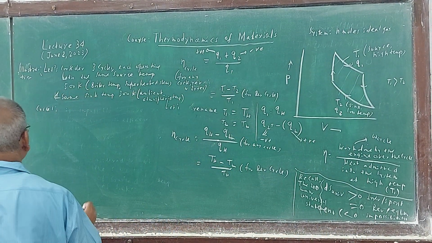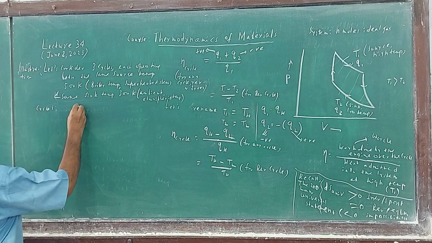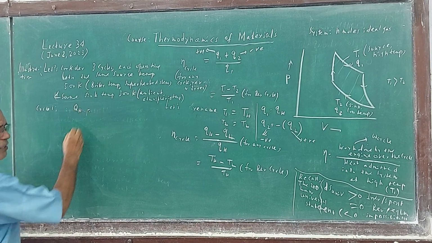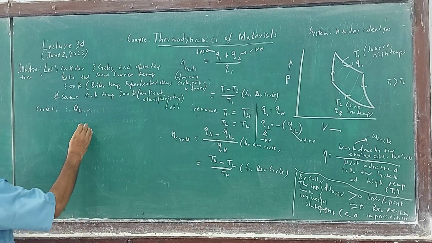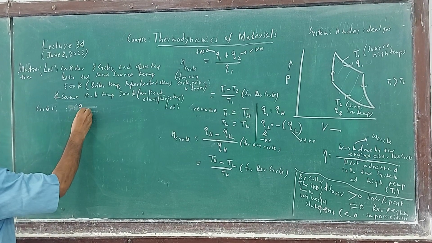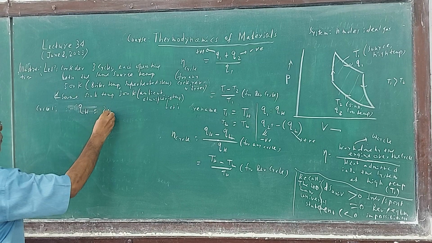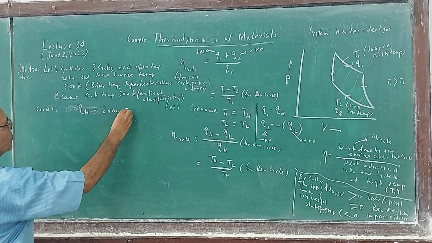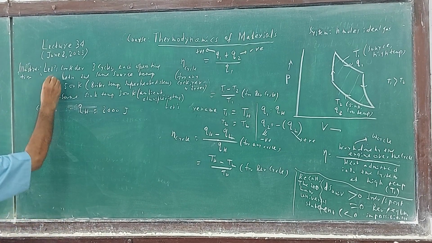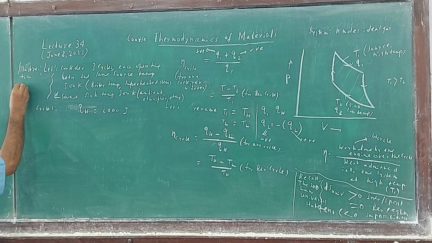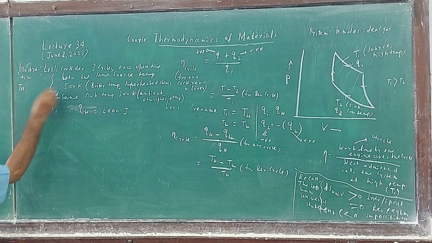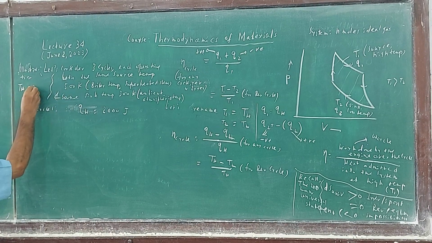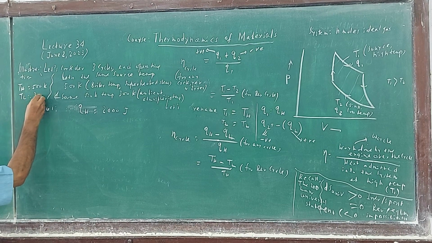For the sake of calculations, QH in each case is common: 2000 joule. TH is high temperature, 500 Kelvin, and TL, 300 Kelvin, is given to you.